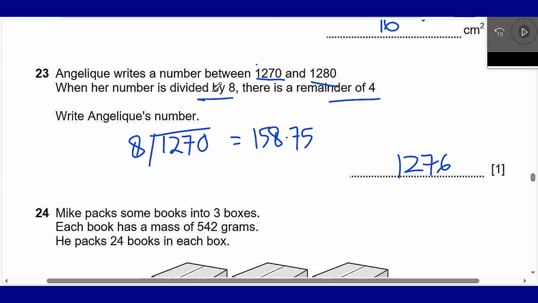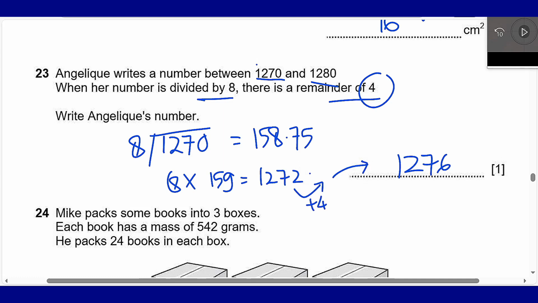So the multiple of 8 will be 8 times 159. That will be equal to 1272. So to get the answer, because there is a remainder of 4, we just have to add 4 to this number. So we'll get 1276. So it will have a remainder of 4. Okay, we hope it's clear.